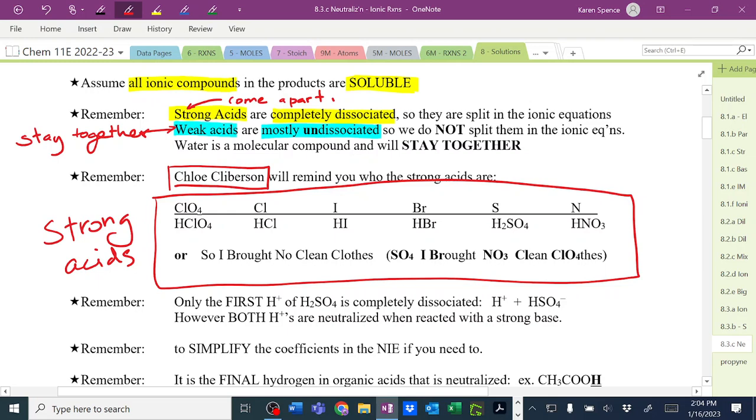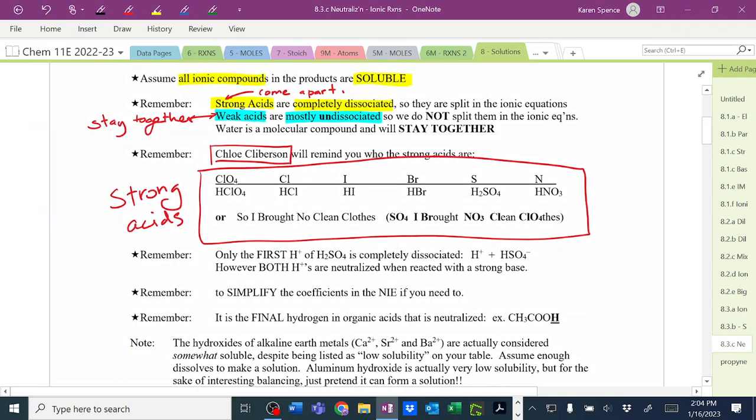Here's a weird one. If I give you H2SO4, you would think that H2SO4, that it would dissociate into two H's and an SO4 2 minus. Isn't that what you would think?